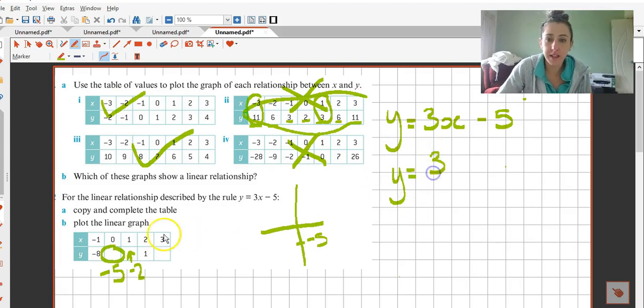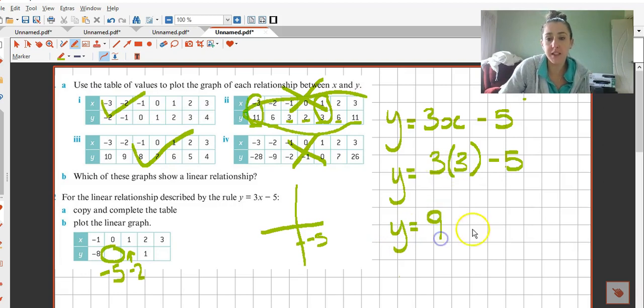So we take our x value of 3 and plug it in there, take 5. So y is equal to 3 times 3, which is 9, take 5. So y is equal to 4. Then we plug 4 in here.